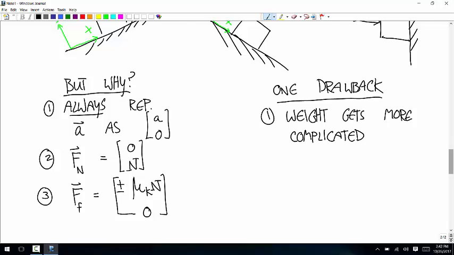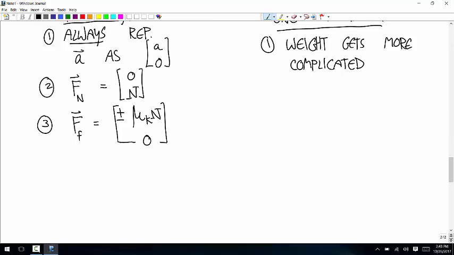Okay, so let's think about, like, if this is the incline, and let's say it makes a 20-degree angle with the horizontal. And the coordinate system has the y-axis like that and the x-axis like that.